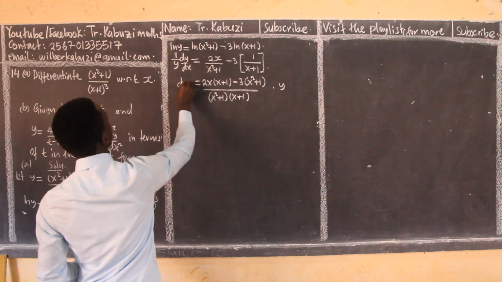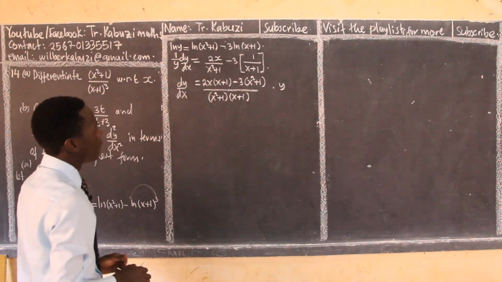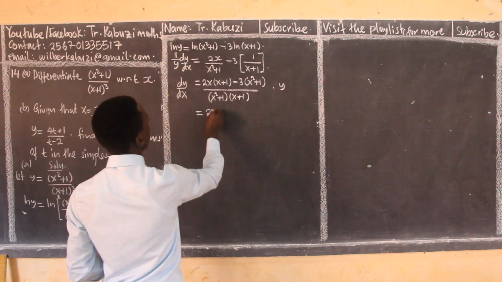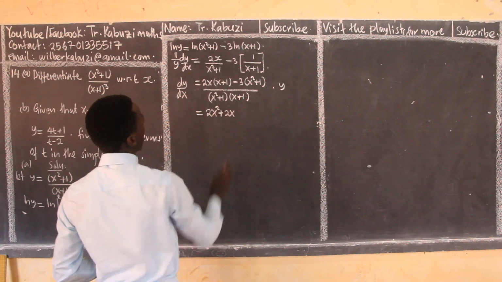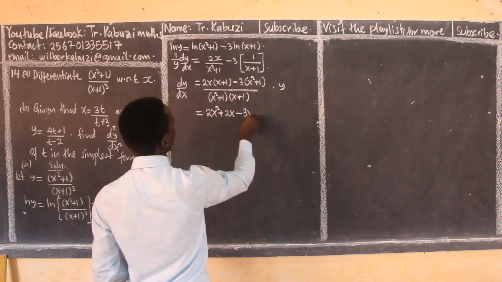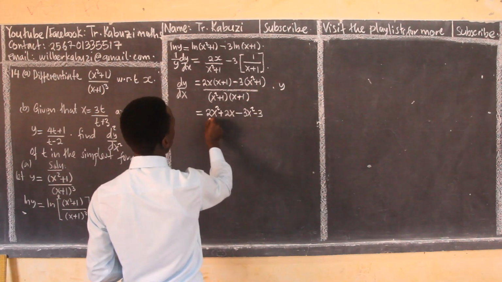So there I'll be having just dy dx. Now from there, we open brackets. You be careful. 2x squared, 2 times 2x times 1, you get that. Minus 3x squared. Don't forget this, minus 3.